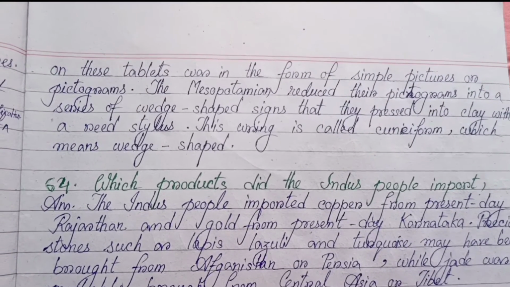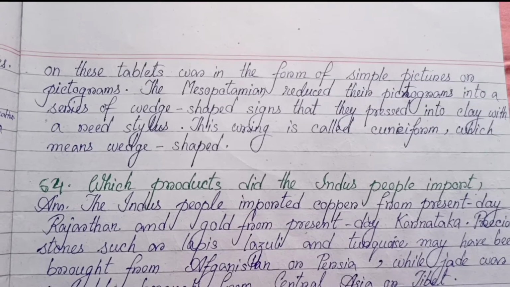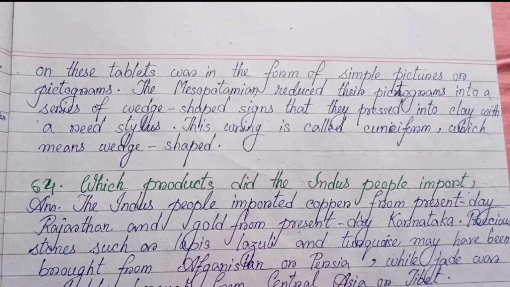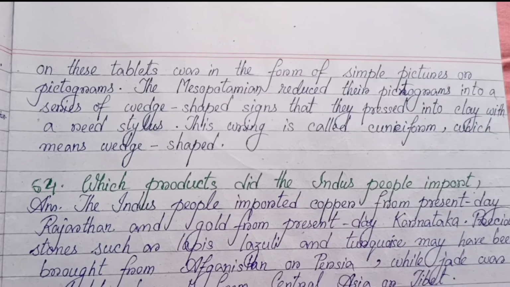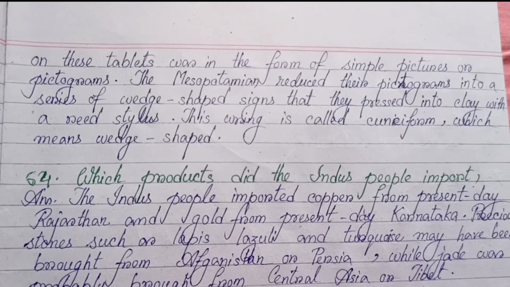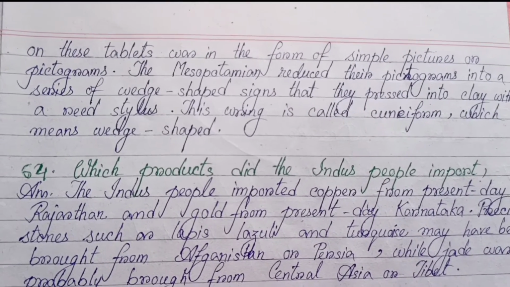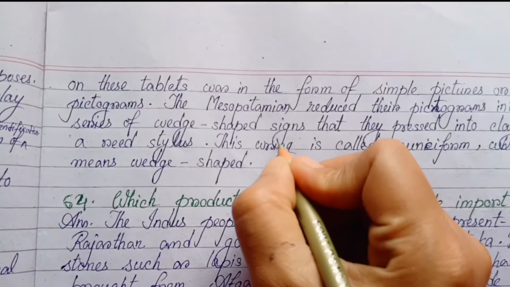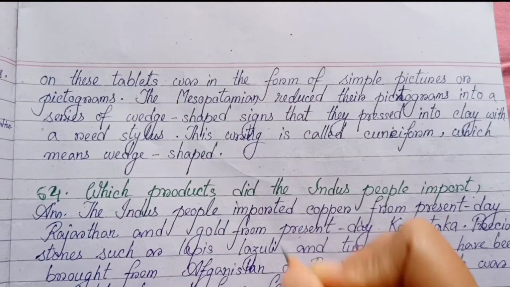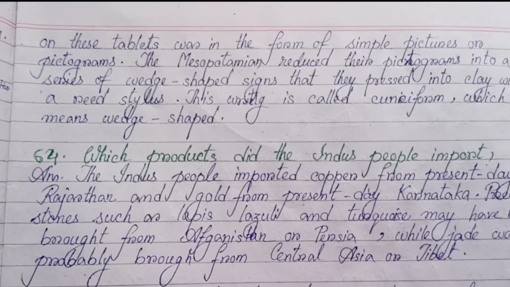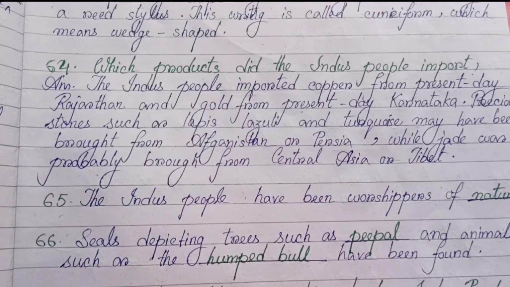The Mesopotamians reduced their pictograms into a series of wedge-shaped signs that they pressed into clay with a reed stylus. This writing is called cuneiform, which means wedge-shaped.